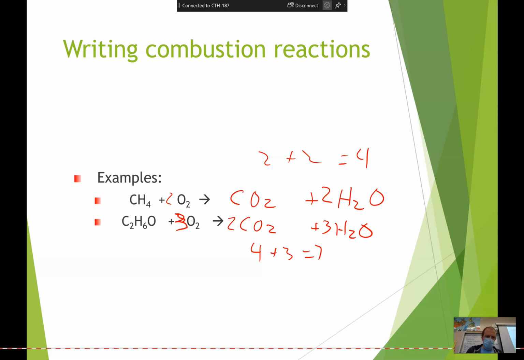And so now that's balanced. We ran into that before where you have an odd number of oxygens and you can't balance it. That doesn't apply in this case because of the fact that there's this oxygen here. So in this case, we actually can work with the odd number of oxygens.